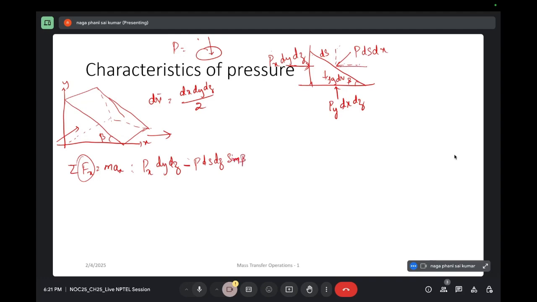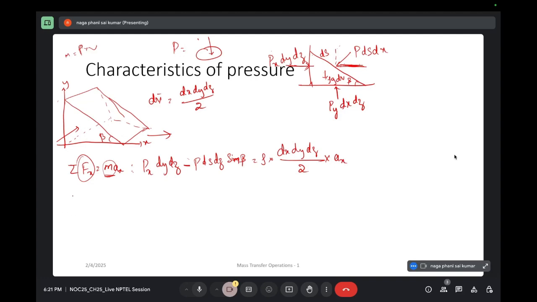This should be equal to mass into acceleration of the body. Mass is going to be density into volume, that is density into dx into dy into dz by 2, into ax, the acceleration of the body.